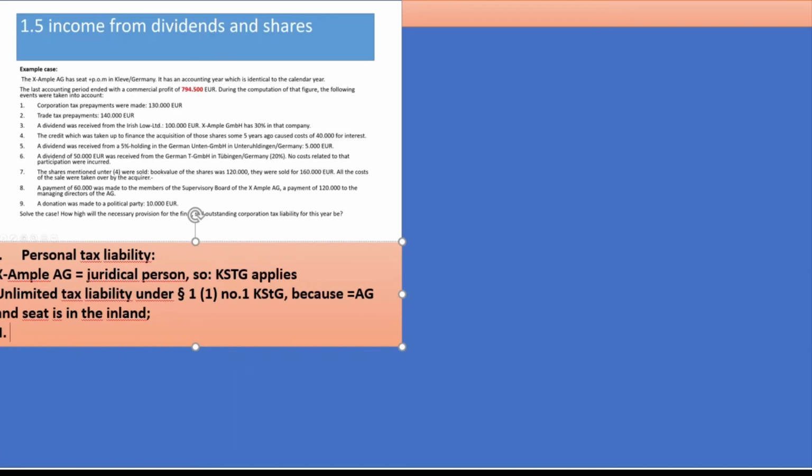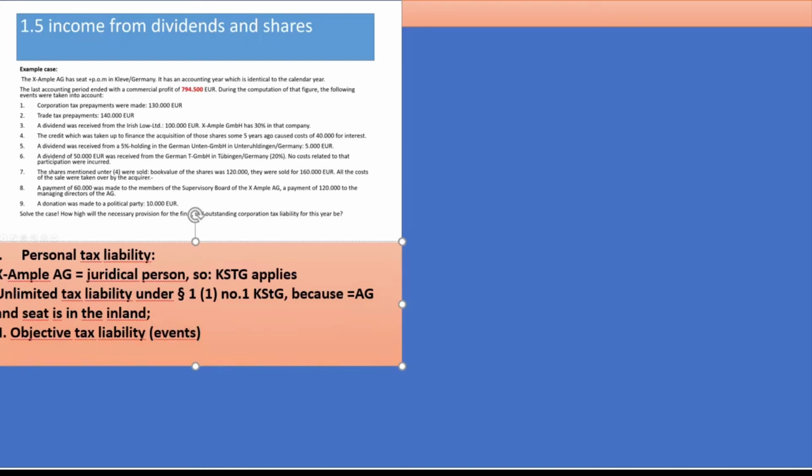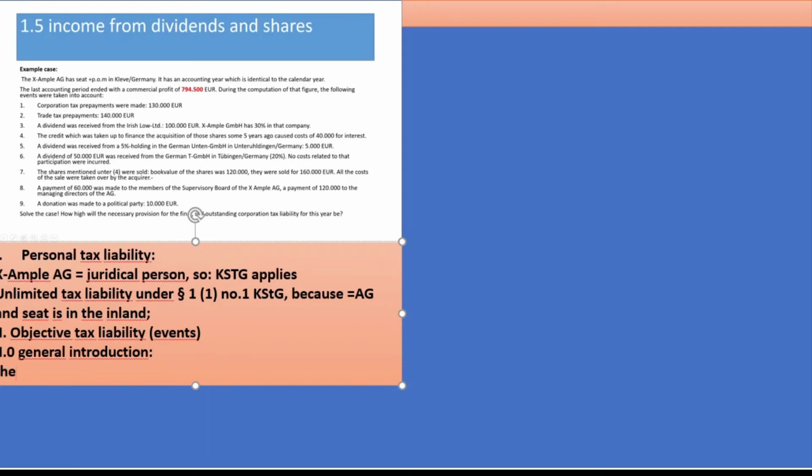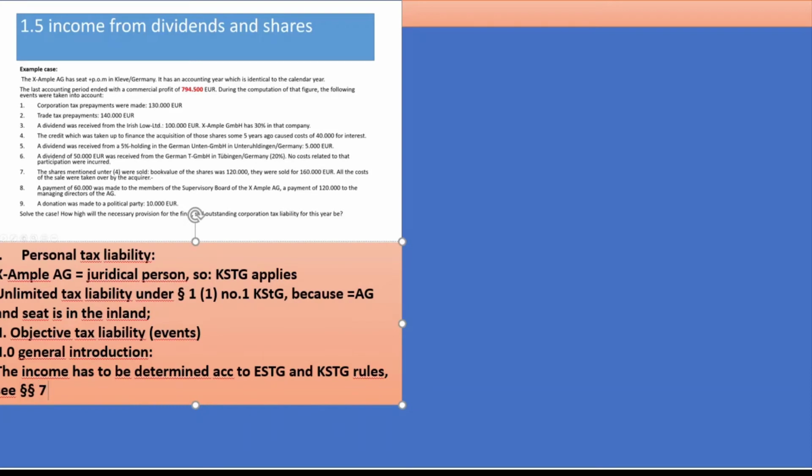So number 2, we have now the objective tax liability, or the analysis of liability events. 2.0 would be a general introduction, which is, ladies and gentlemen, not surprising, nearly always the same. The income has to be determined according to ESTG and KStG rules. See paragraphs 7.1, 7.2, and 8.1 KStG.